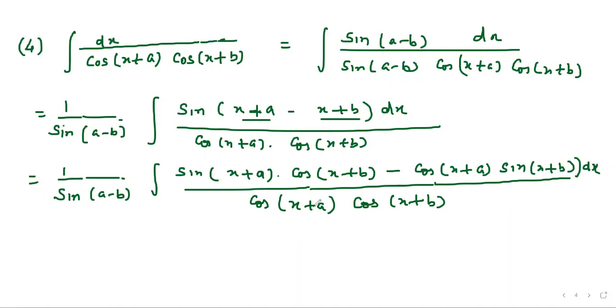Here, if we divide separately, then from the first term cos(x+b) will get cancelled, and from the second term cos(x+a) will get cancelled. So what do we get?